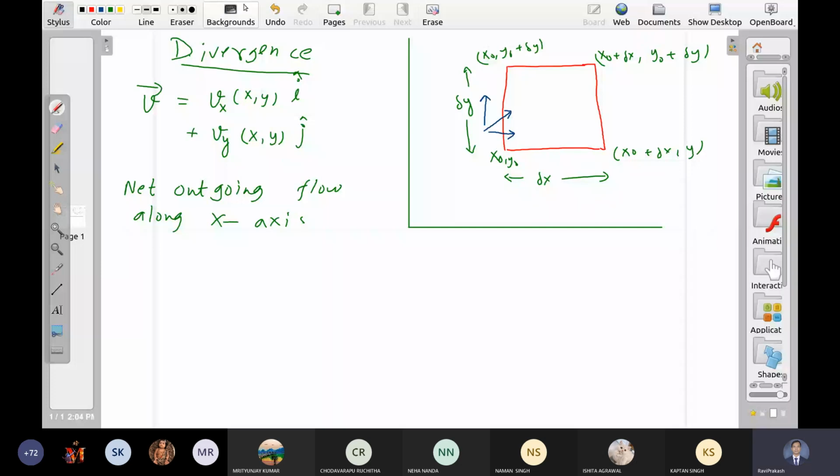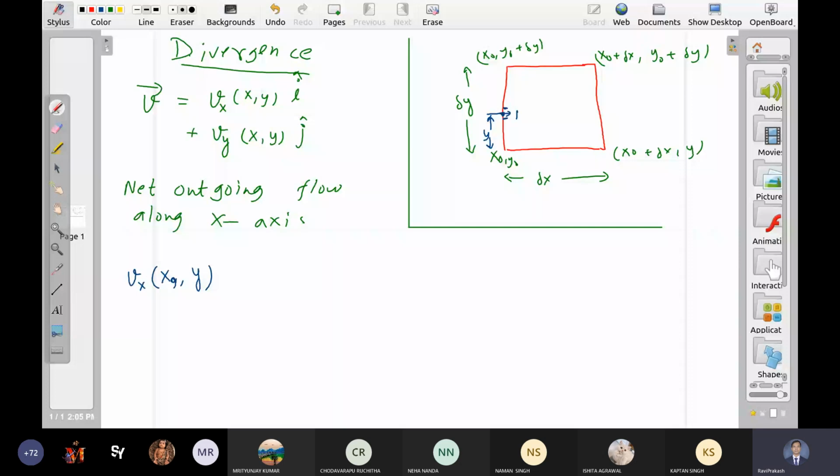Let us say at this point, what is the velocity? Vx at x naught comma y, and let us say this gap is y. What is this position? This is x naught comma y, and the elementary width here is dy. So this is the flux passing through such a small length.